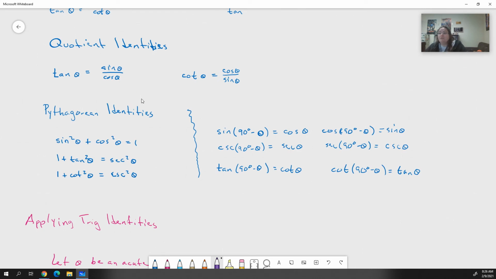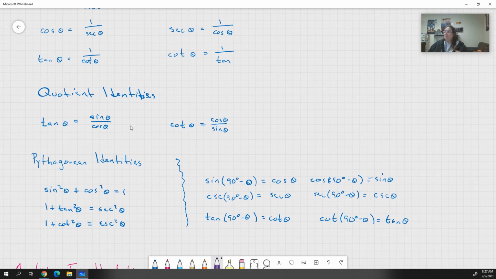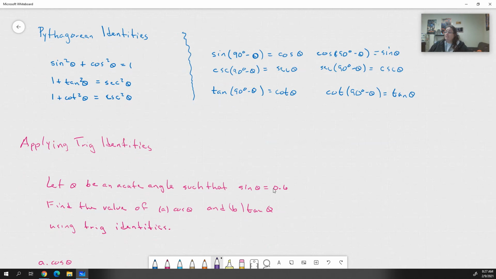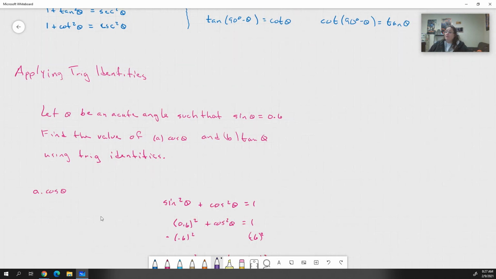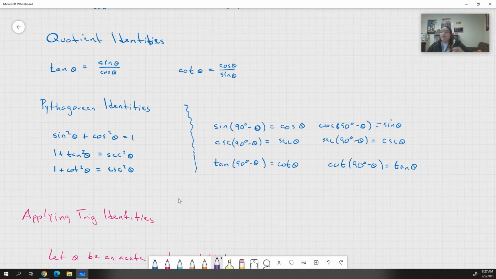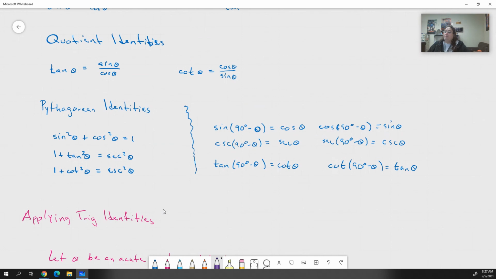That's how I know which ones of these to look at. What am I looking for and what do I have? And which one of these identities will give it to me, right? I know I have sine because it's given to me, and I have cosine because I just figured it out, and I'm looking for tangent. So what has tangent and sine and cosine? And that's this one right here.